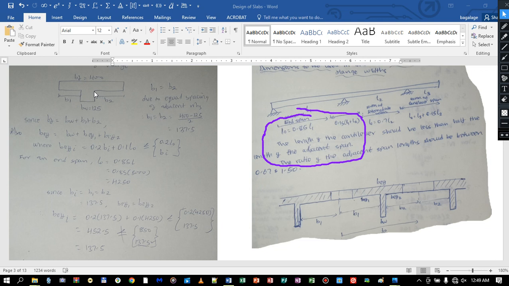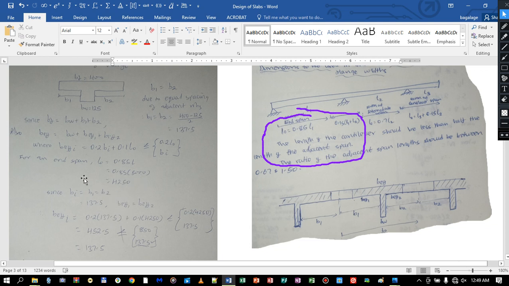After subtracting this, we shall remain with a distance this side and a distance this side, and since they are equal, we just divide by 2 to get the distance B1, which is 137.5 mm.